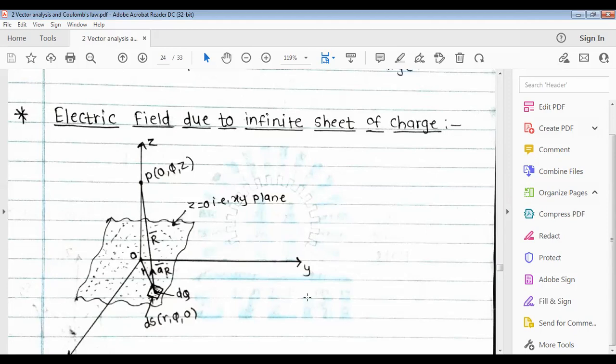XY plane. Why is it the XY plane? Something here you can see, on the Z axis also some part is there. Is it right?